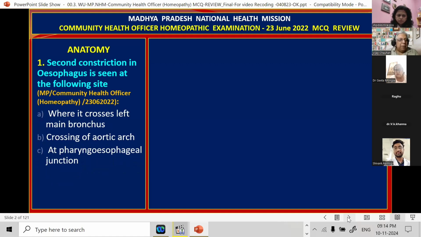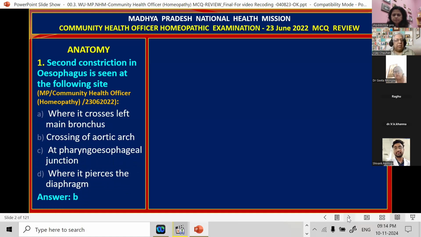C, pharyngoesophageal junction. D, where it pierces the diaphragm, the diaphragmatic opening for esophagus. So if you solve this question, the answer is B, crossing of aortic arch.